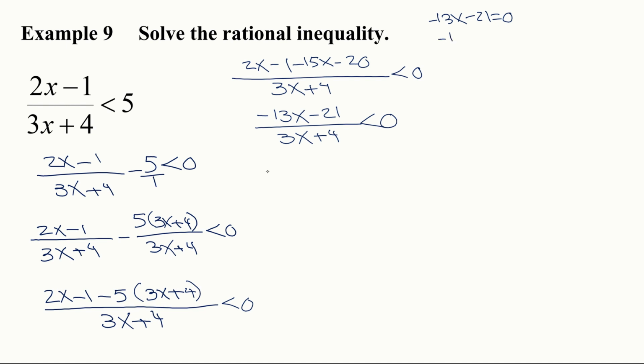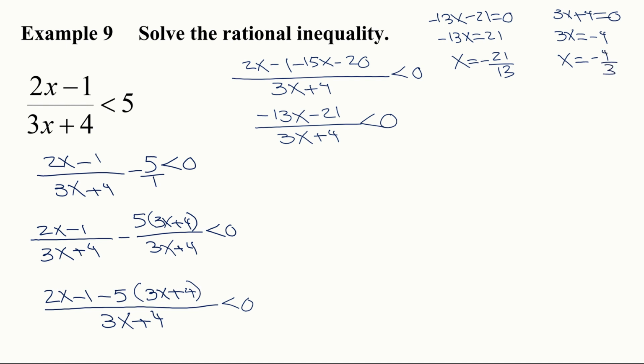So that means negative 13x equals 21. So x equals negative 21 over 13. Set the other one equal to 0. 3x plus 4 equals 0. So we get 3x equals negative 4. So x equals negative 4/3.